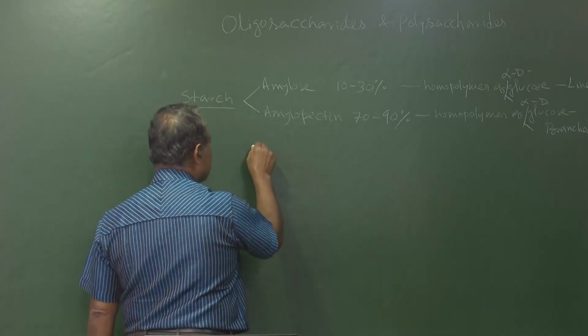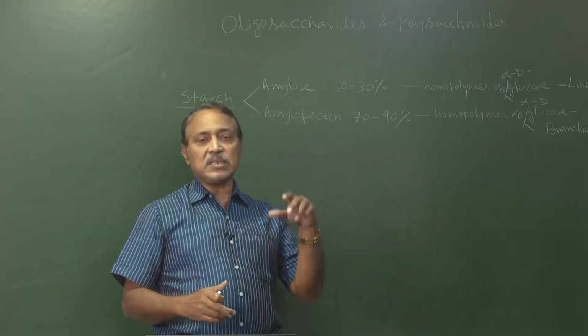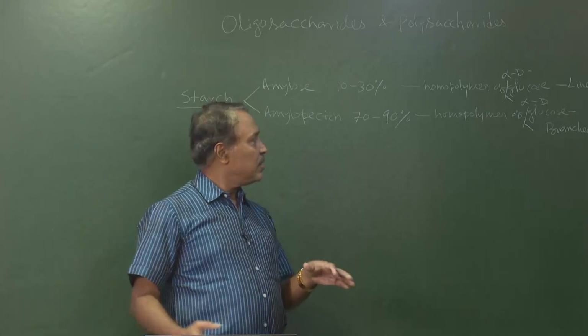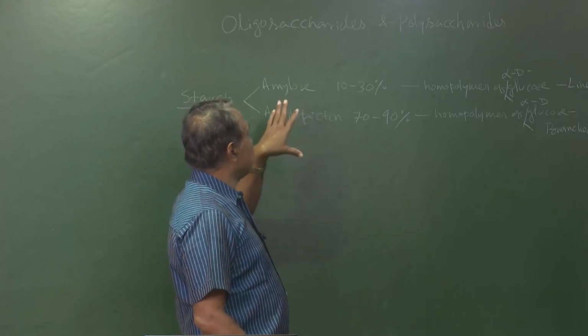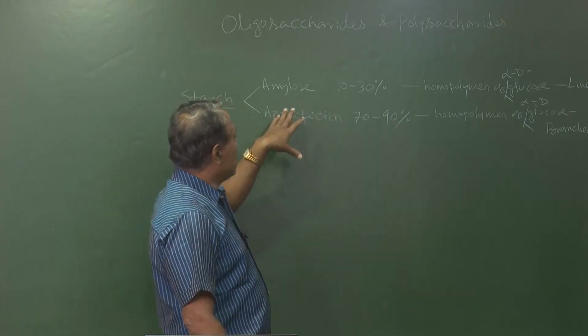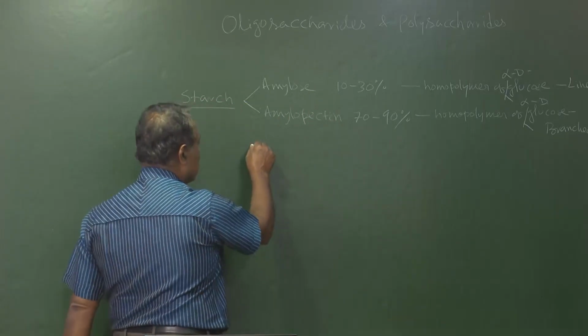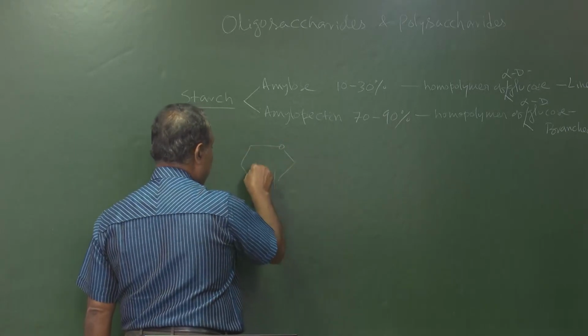We have already discussed the structure of amylose. Just imagine amylose units connected with one another. We have studied maltose. When maltose units are joined together, we get the amylose. It will be just a continuation of the same structure which we have already discussed.